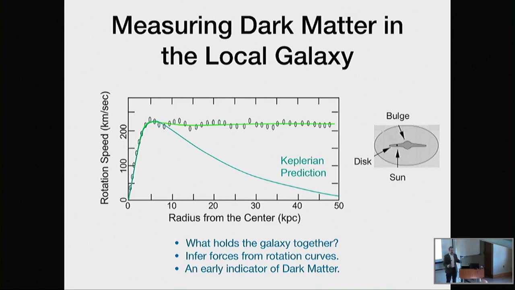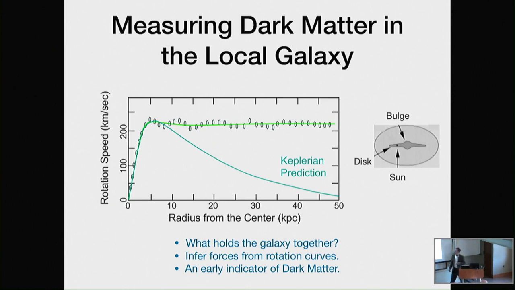But in fact, if we measure the velocities of stars orbiting the galaxy and also the orbital velocities of the hydrogen gas in the outskirts of the galaxy, we see a flat line. That was one of the earliest indications that something was wrong with the simplest picture.